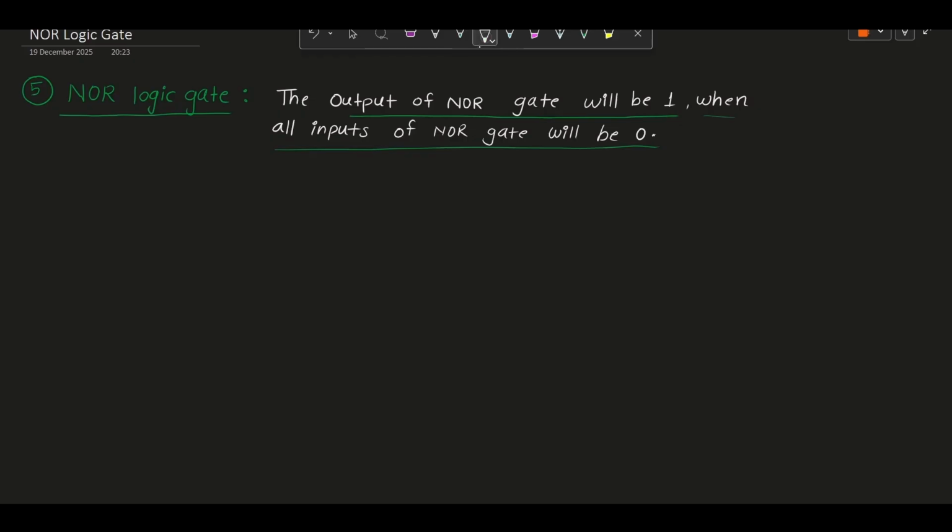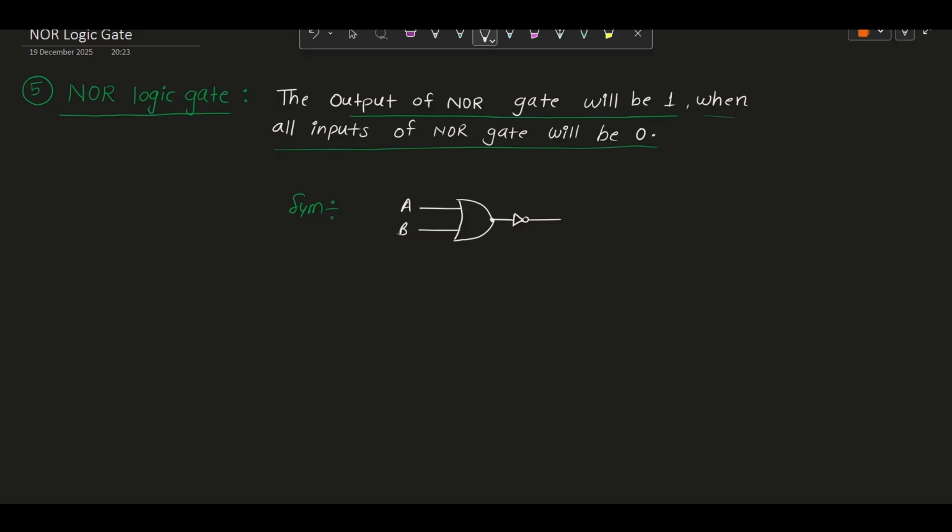Now let's draw the symbolic representation of the NOR gate. As it is an OR gate followed by a NOT gate, according to that we will draw the symbolic representation. It has two inputs in general, an OR gate followed by a NOT gate. So I am simply writing this where A is the first input and B is the second input.